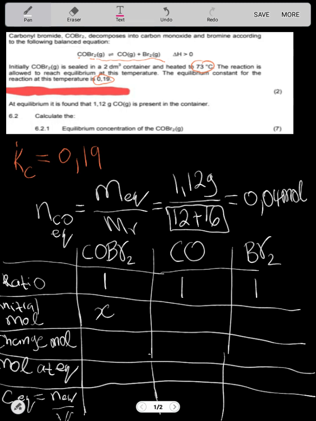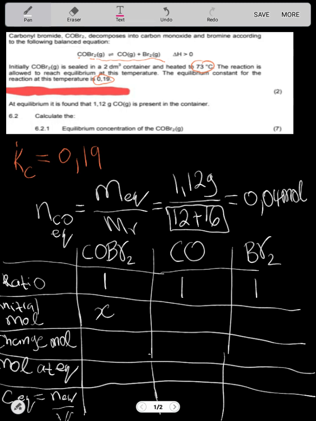We also know that at equilibrium, they say it is found that 1.12 grams of carbon monoxide is present in the container. So we have basically calculated our number of moles, converting that mass into moles.